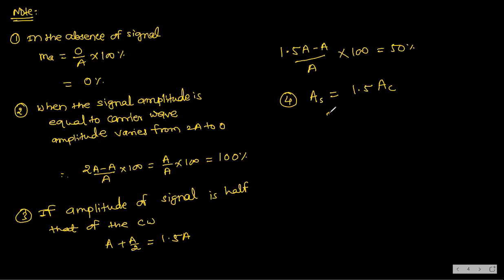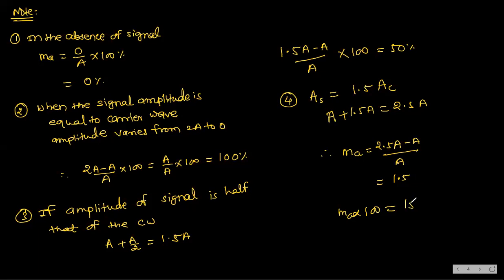So what you should do here: A plus 1.5A, which is equal to 2.5A, and therefore the modulation index or modulation factor is (2.5A minus A) divided by A, which is equal to 1.5. And in percentage, this is 150%. Okay, note down this also.